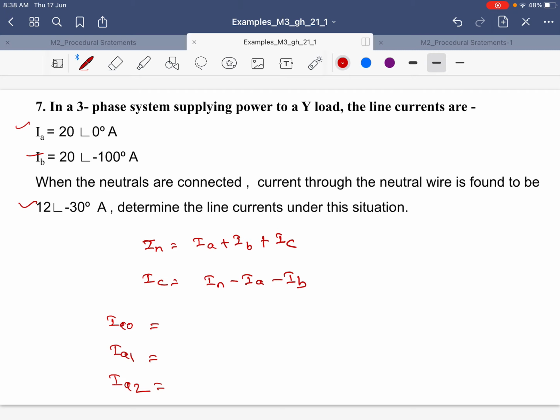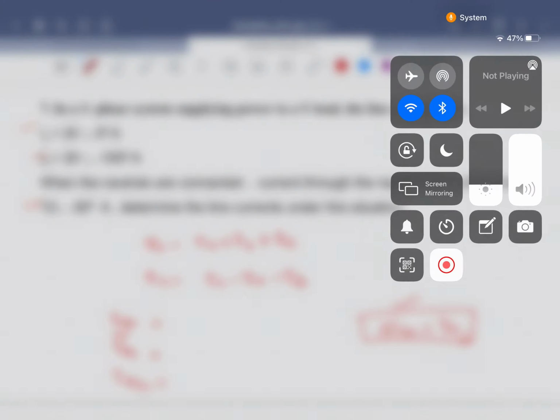For cross verification of the result, 3 times IA0 must be equal to the IN value. If it is verified, then your answers are correct. Just try this numerical yourself and establish the relation between 3 IA0 and IN.